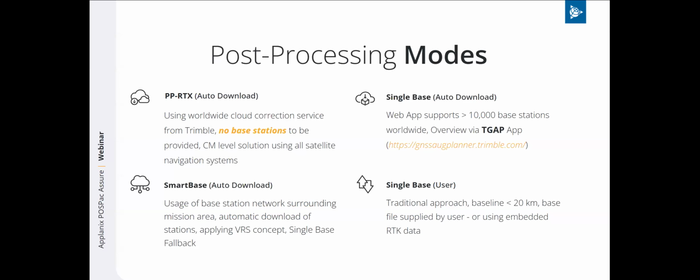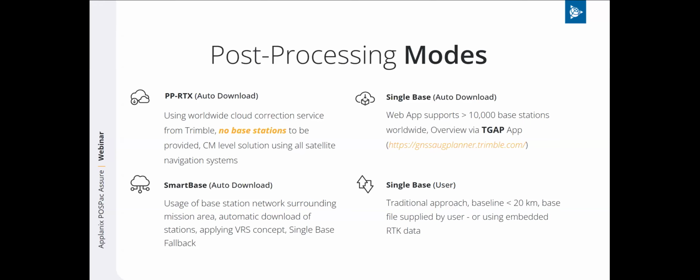This is a very traditional approach. So the baseline should be within 20 kilometers to get the best solution out of it. But also if your rover data already contain RTK data, so basically you have a reference already, a correction service reference, that one can also be post-processed through POSPac Assure.